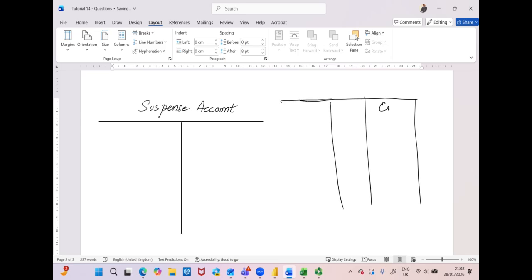This is the credit side and the debit side. Now the balance of the suspense account, whether it is a debit balance or a credit balance, all depends on the trial balance.